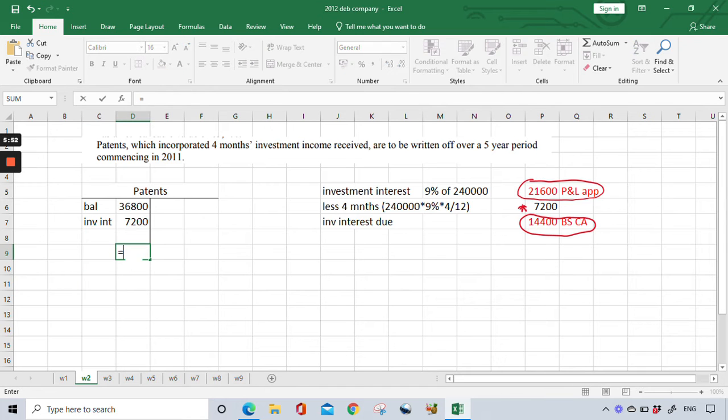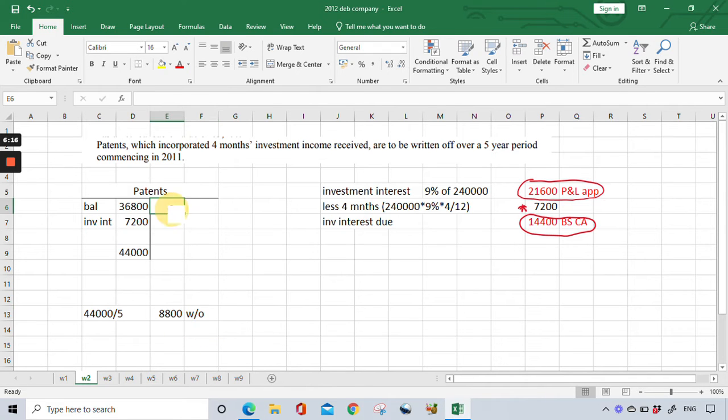If I add the two of those together, I get my patent figure is 44,000. It tells me up here written off over a 5-year period. So down here, 44,000 divided by 5 equals 8,800 every year written off.